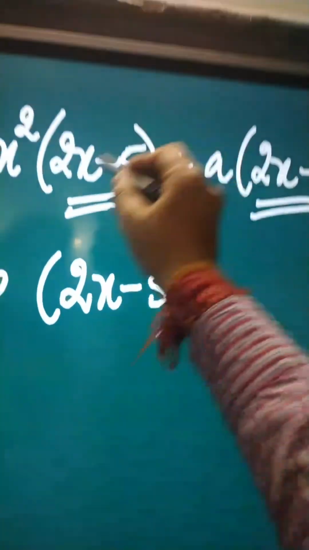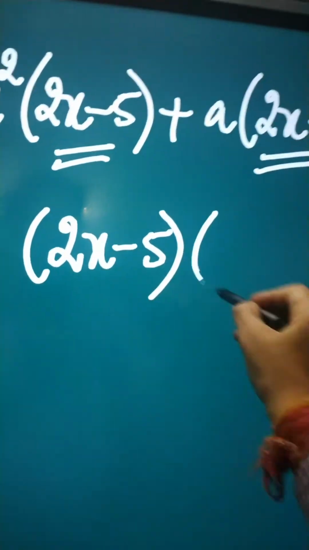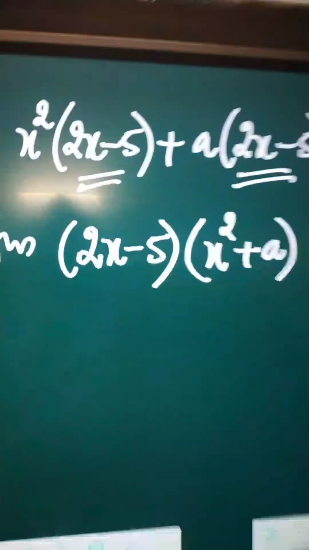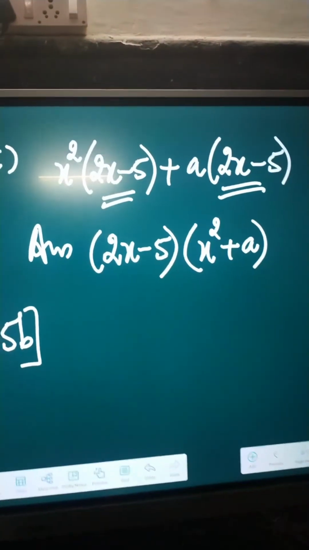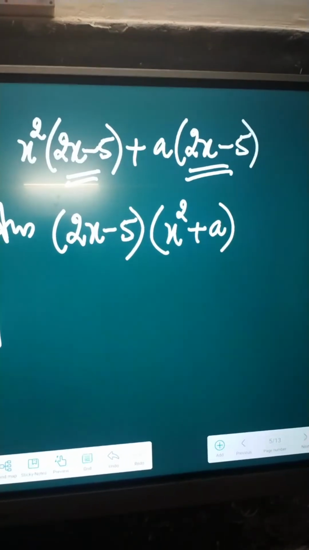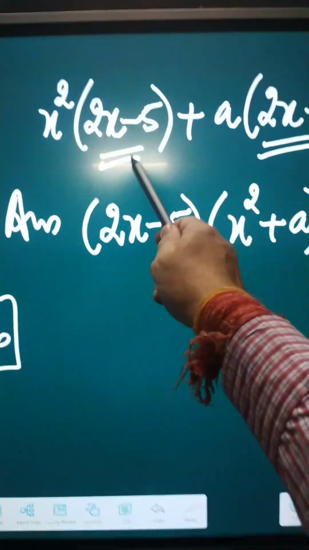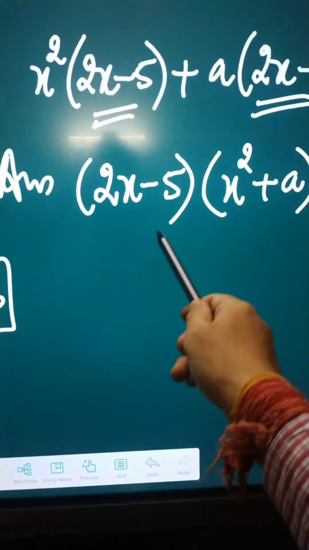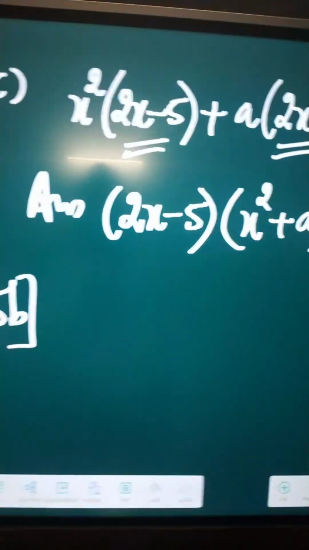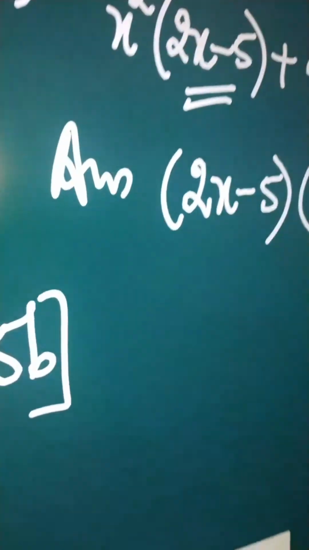This bracket and this bracket are common, and the next factor is x square plus a. So x square into 2x minus 5 and a into 2x minus 5, both 2x minus 5 are common. From this I have taken one common and then written x square plus a. This is C part.